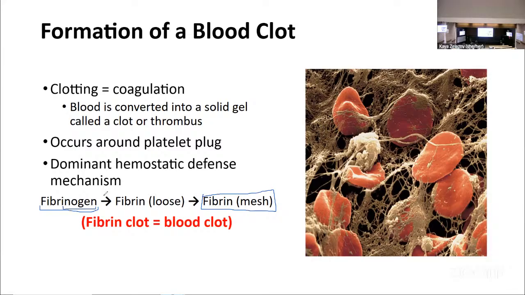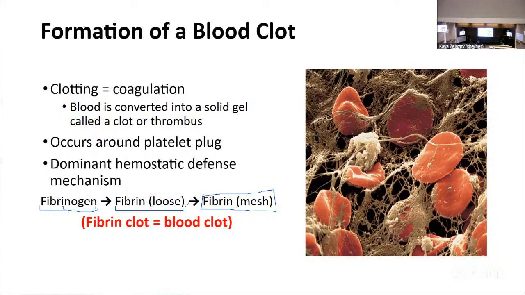At first, when we activate it, the first step of that process only creates a kind of loose fibrin mesh, right? So it turns the fibrinogen into fibrin, but these are strands. And so we've got some loose strands, but we need to hold them together in a really stable way.